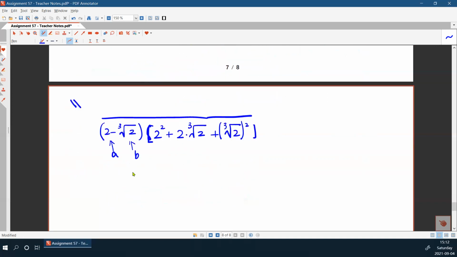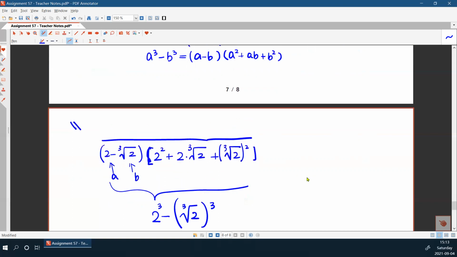And note that this is actually 2 cube minus cube root of 2 cube, right? Can you see that?